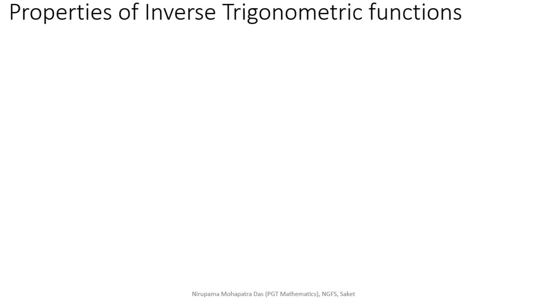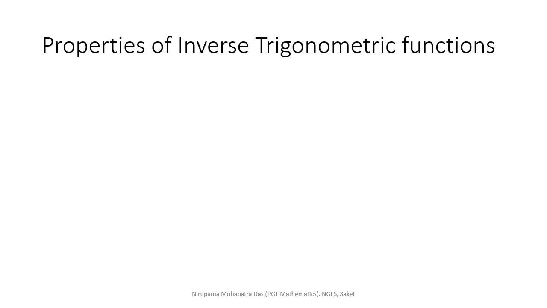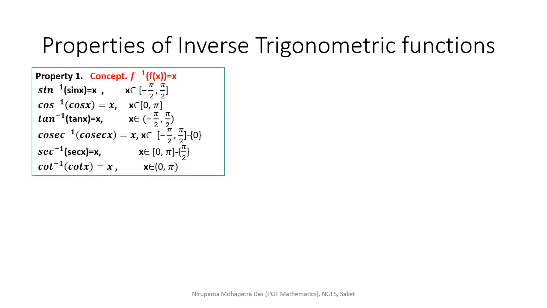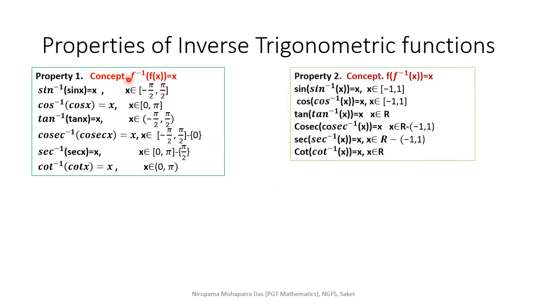Next I have taken two properties only, two very basic properties, because that is linked to the function chapter. Here you see the first property, which we have studied: f inverse of f of x equals x. So f can be replaced by any trig function: sine inverse sine x, cos inverse cos x, tan inverse tan x, cot inverse cot x, everything is x.